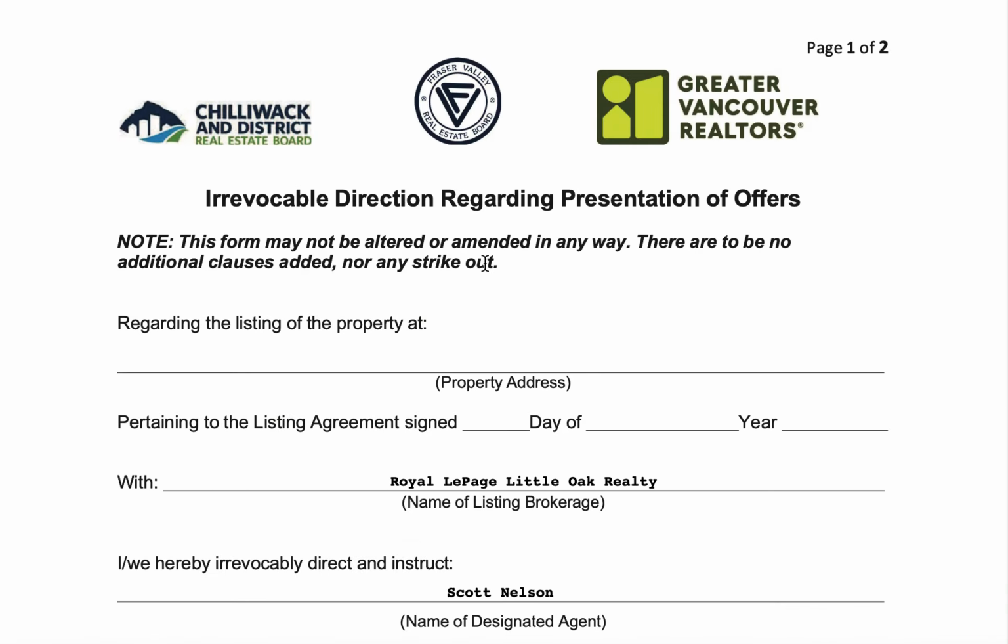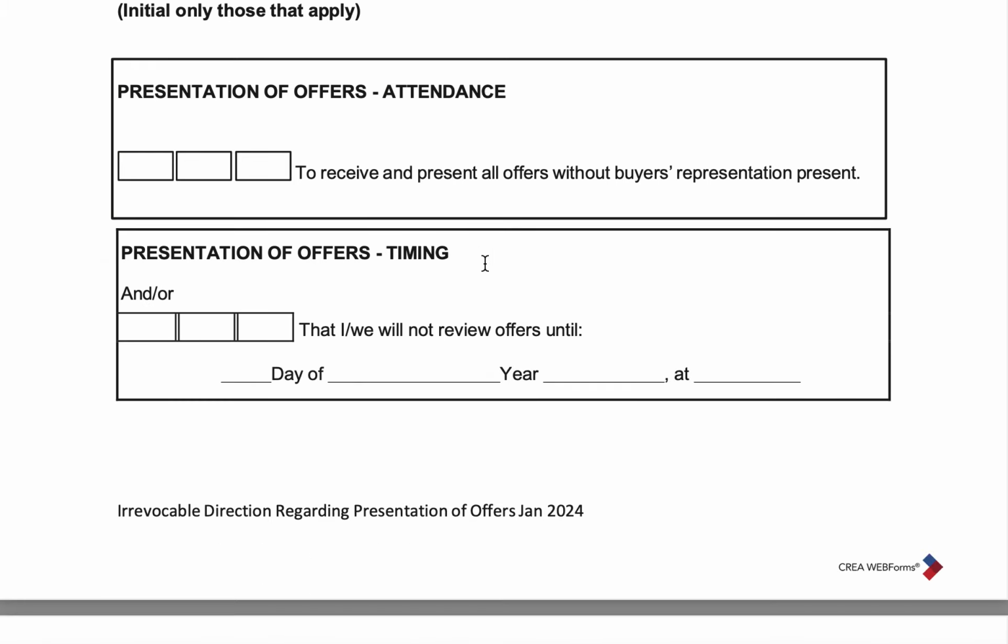The other thing this form does is it gives us the option of attendance. So years ago in the industry, buying agents would sit down across the table from the listing agent and the sellers and present their offer in person. Most of my sellers, all but one, have not wanted this to be the case.